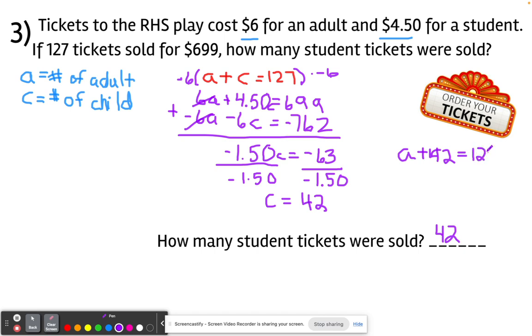So to figure out how many adult tickets I sold, it would be 45 adult tickets. 85. Did I say 45? I'm having trouble with misspeaking today. 85. So 85 adult.